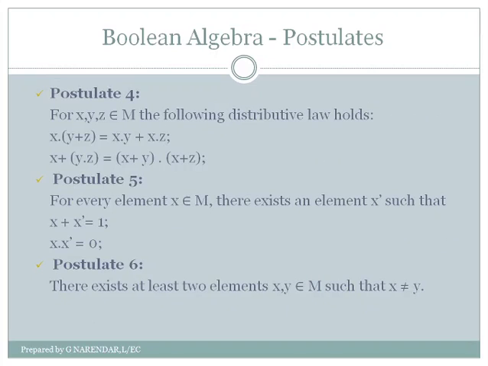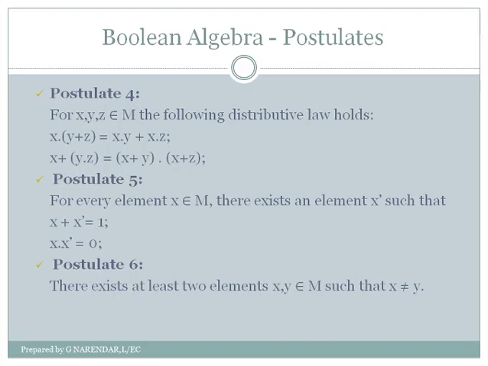And postulate 4 states one more law called the distributive law. Here the distributive law states that either the OR operation or the AND operation can be distributed over the AND or OR operation respectively.